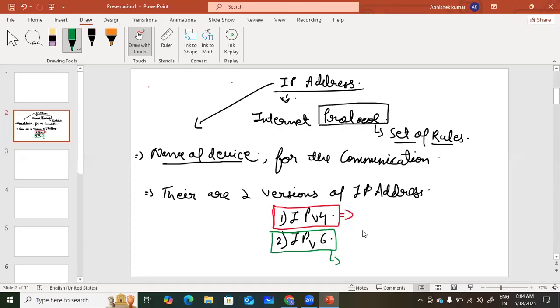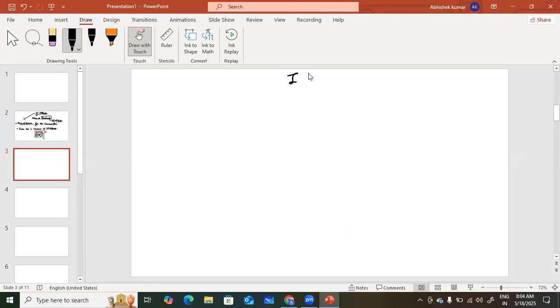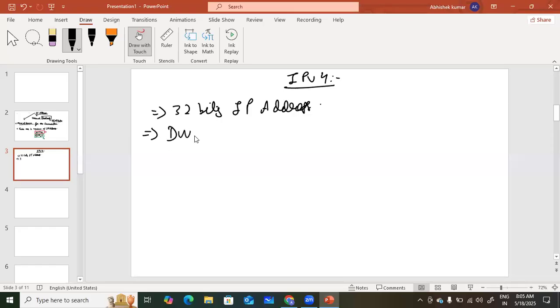Now, try to understand. IPv4. If I talk about IPv4, it is a 32-bit IP address, and these 32 bits are divided into 4 octets of 8 bits each.